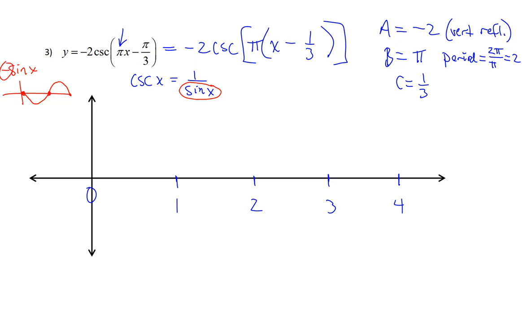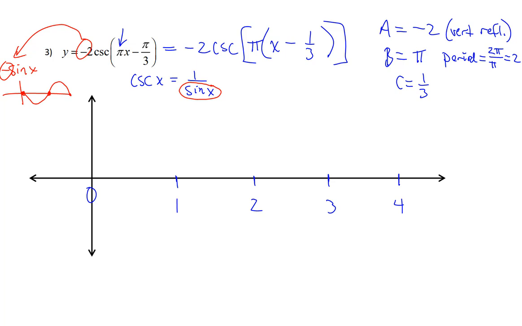So this is negative sine because of the negative that we have in front of our function. And catching it and doing it here, this vertical reflection, is probably the easiest way. It's easy to forget this and then get to the end and go, oh, that's right, I have to flip everything upside down, and then it's just way more difficult. So if you can catch it here, it's helpful.